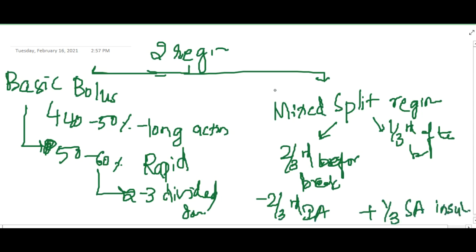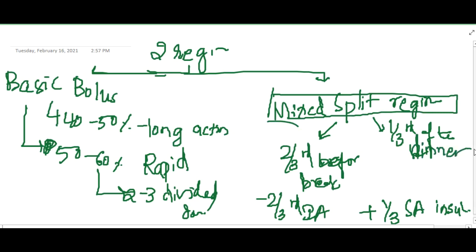So this is the split regimen, where you split 2/3 of the dose in the morning and 1/3 of the dose at dinner. So these are the two regimens of insulin.